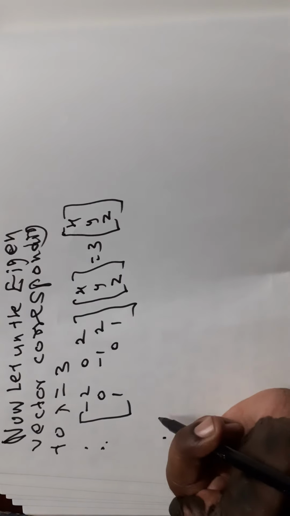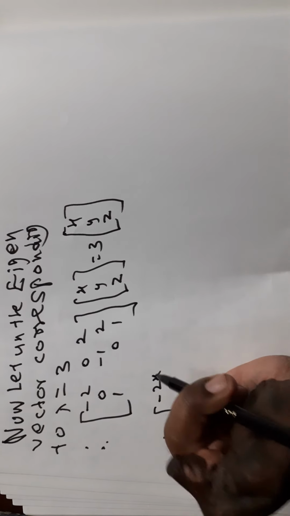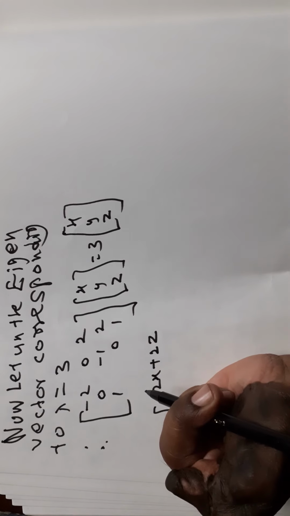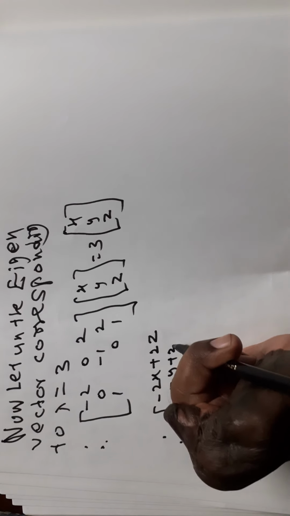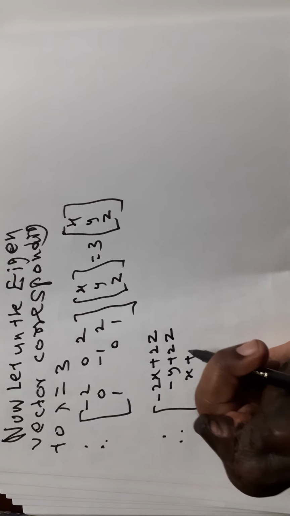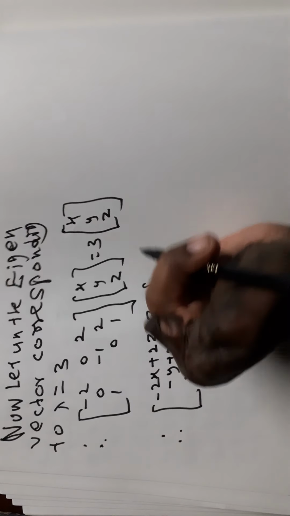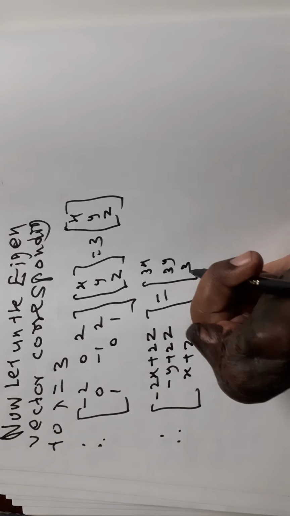Therefore this is equal to minus 2x plus 2z in the first row, minus y plus 2z in the second row, and x plus z in the third row, is equal to (3x, 3y, 3z).